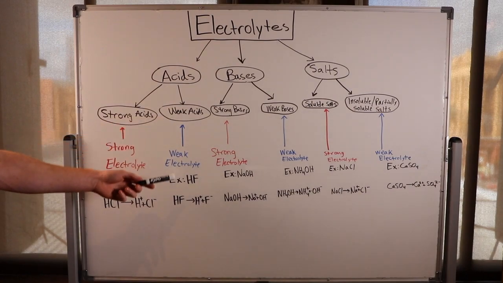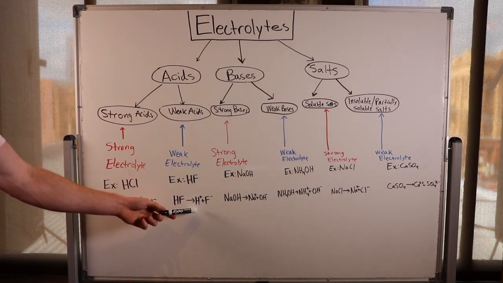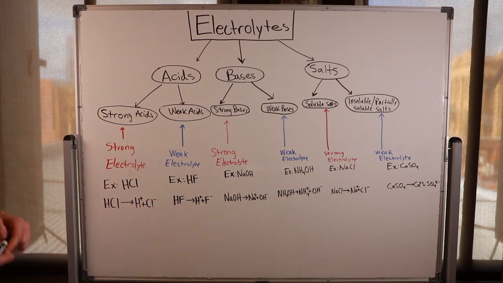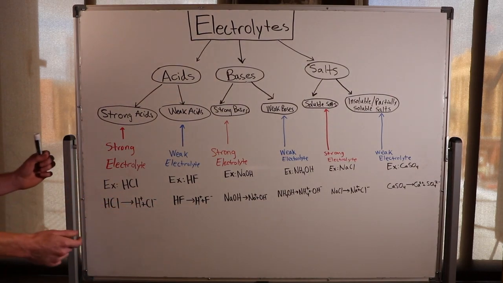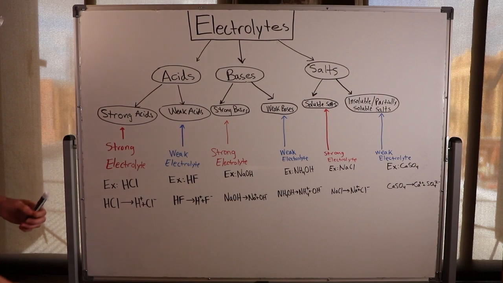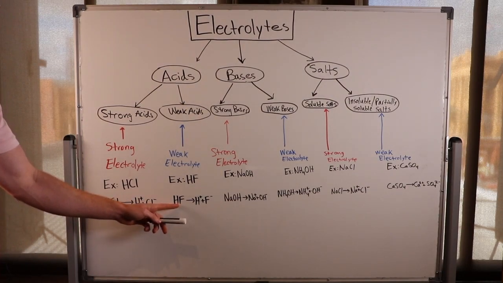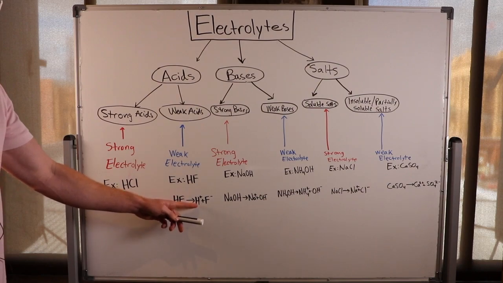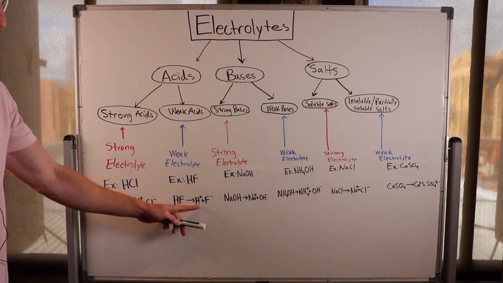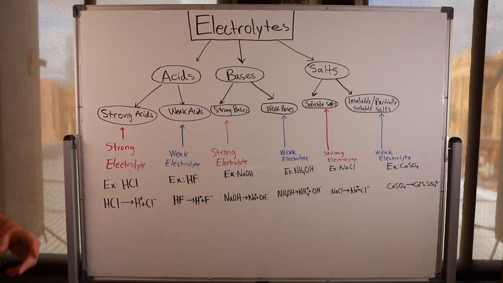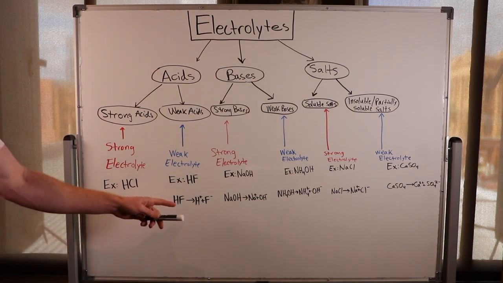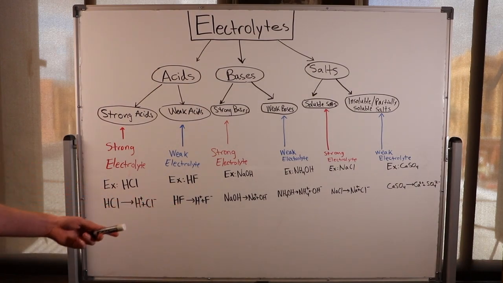Weak acids, on the other hand, don't dissociate into their respective ions to nearly the same extent. For example, if we started out with 5 molar hydrofluoric acid in a solution, we may end up at the end with 0.05 molar H plus and 0.05 molar F minus, remaining with 4.95 molar HF.